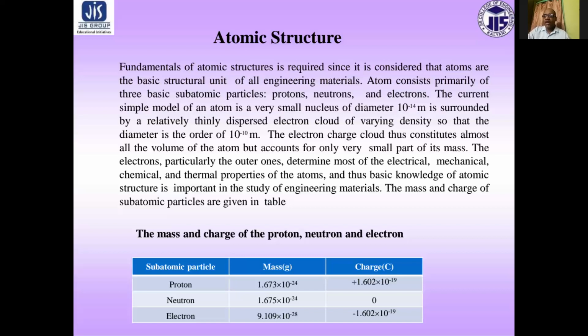The number of atoms in a mole is called the Avogadro number, which is given by capital N equal to 6.023 x 10^23, and it is known that one Avogadro number equals 1 gram per 1 atomic mass unit.